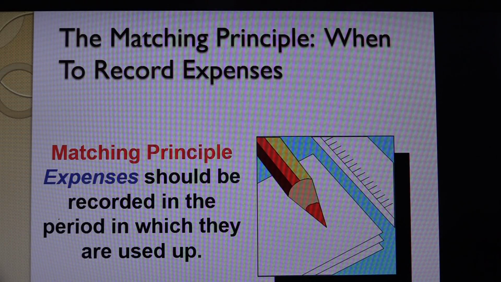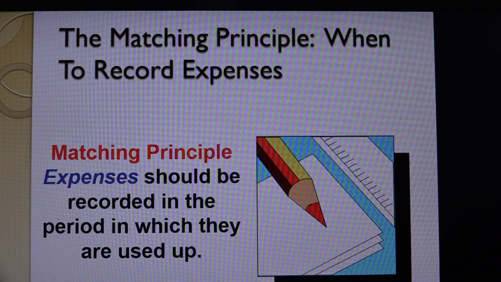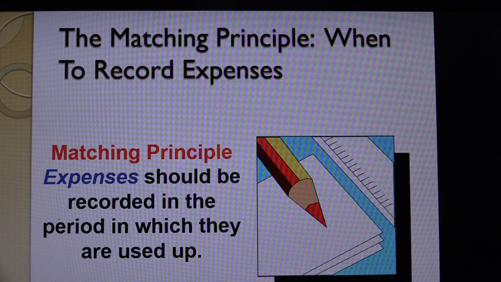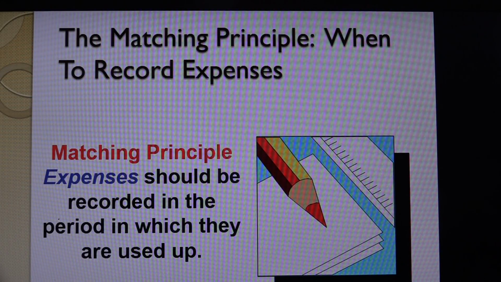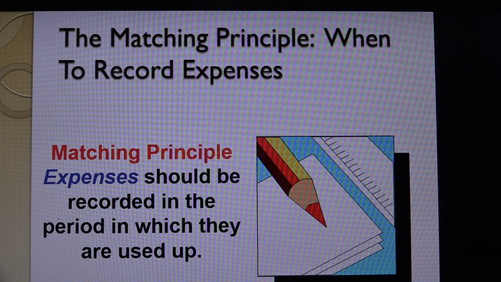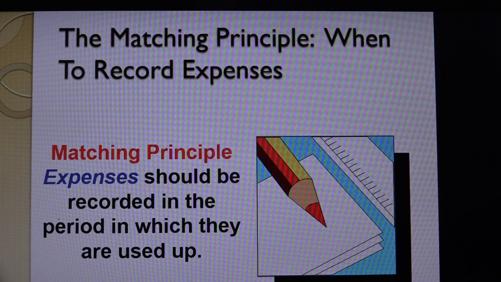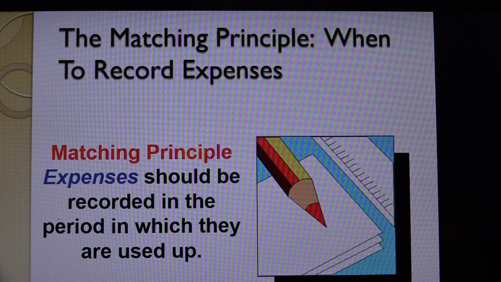You might incur a liability, but not pay it until a month or two later. Because you've incurred that liability, you've got to record it in the period that it's incurred, not when you pay it.